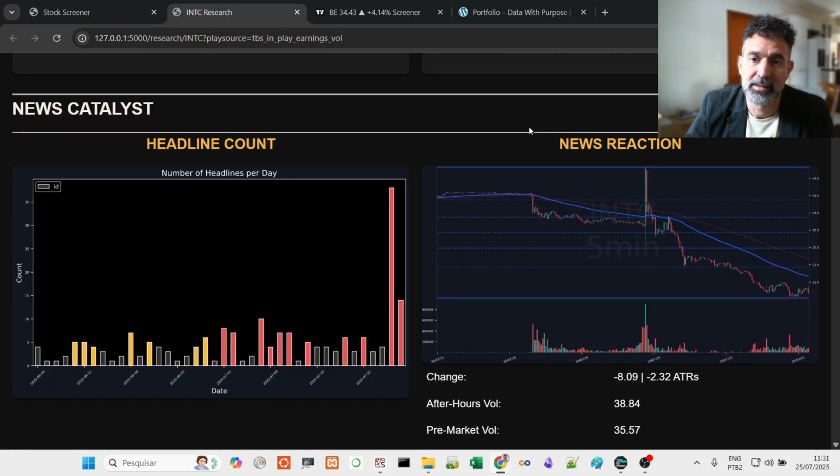The first section is to identify the interest in the stock moving for the day, as this workflow is for day trading. We can see here the headline count, and clearly since June 5th, the news released today was quite big in relation to that.